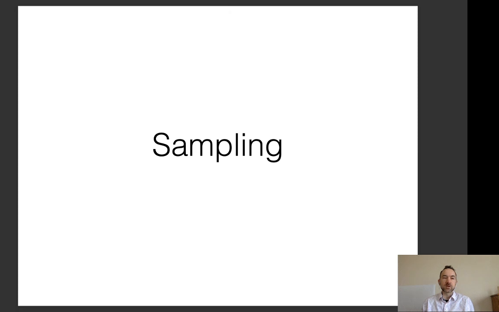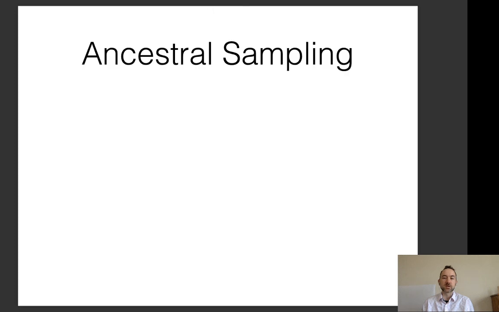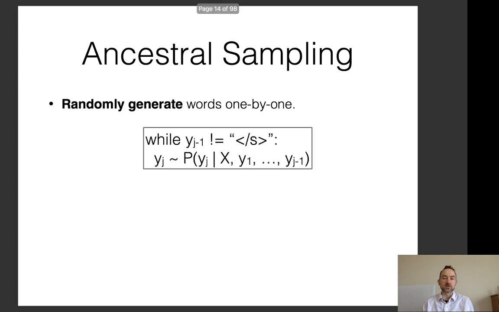Regarding sampling, especially if we want to observe the underlying features of a probability distribution, if we have a factored model, like a left-to-right model or any other autoregressive model that conditions output predictions on the previous output, the easiest way to do this is to randomly generate words one by one.